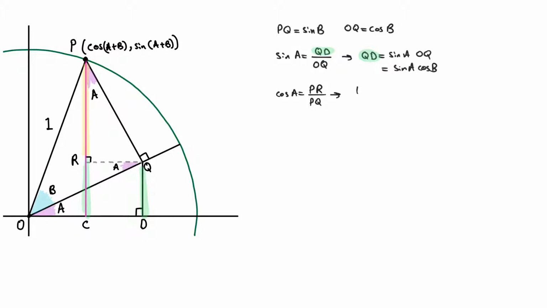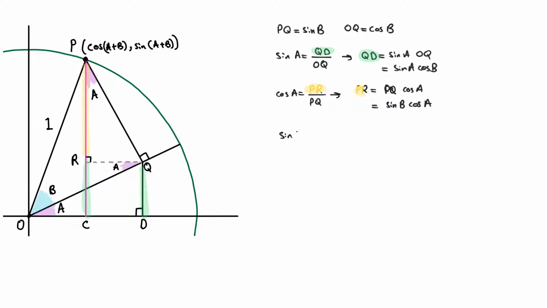This will give us PR is equal to PQ multiplied by cosine of A, and PQ is the same as sine B. So we can write it like this. I'm just going to highlight this so you can find the corresponding side within the figure.